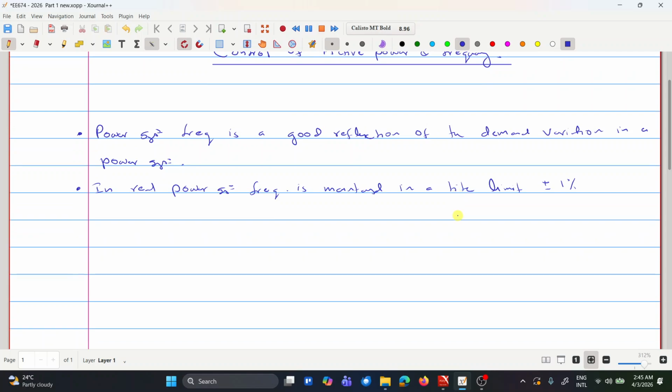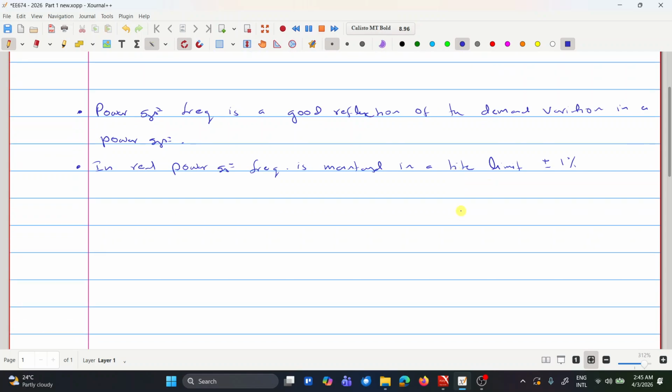That means we need to keep the generation demand balance also within a tight limit.